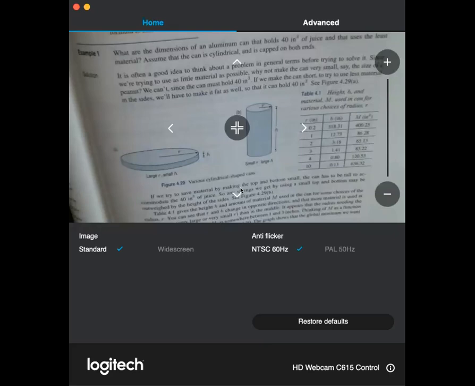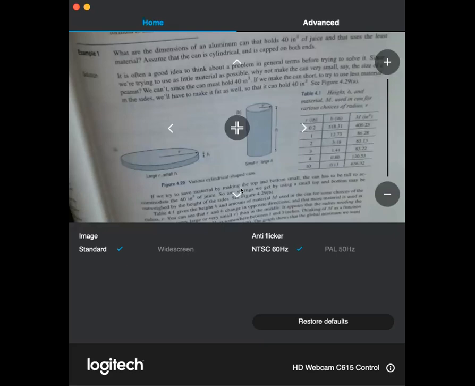It holds 40 cubic inches of juice. That has to do with volume. You're talking about space inside of a container. So that's volume. And then uses the least material. In this case, we're talking about aluminum cans, so the can that uses the least aluminum. You've got the outside, the label side of the can, and the top and the bottom, and those added together.